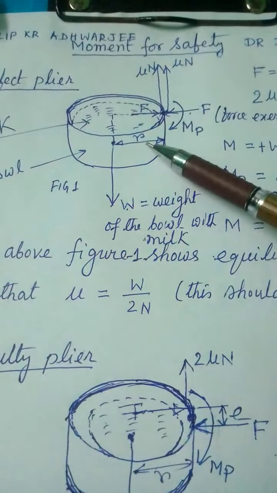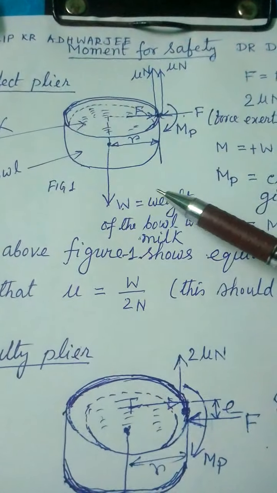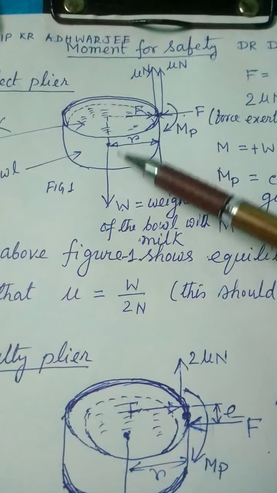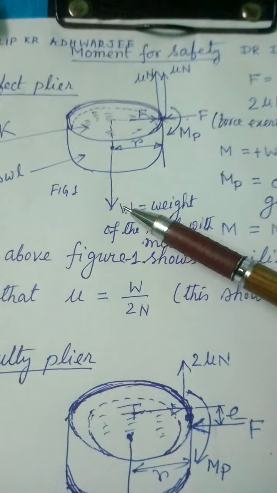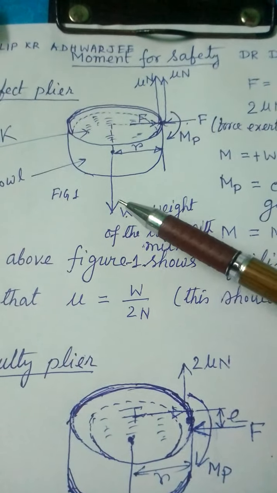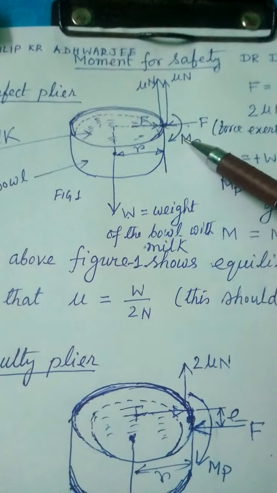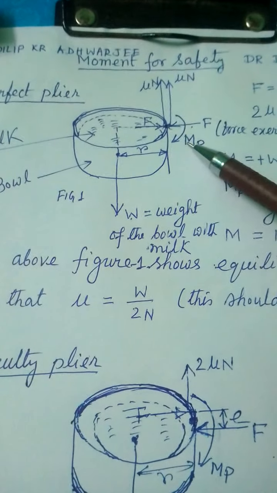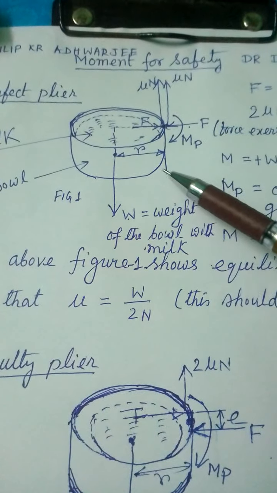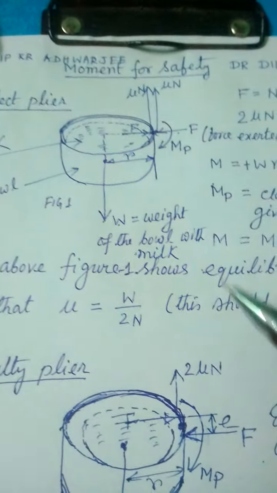This W into R is an anti-clockwise moment in the vertical plane, and the direction is perpendicular to the paper and towards the viewer, and this is clockwise, and this is away from me, on the other side of the paper, and it is perpendicular to the paper.